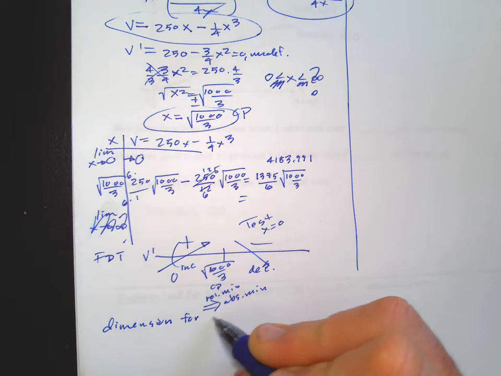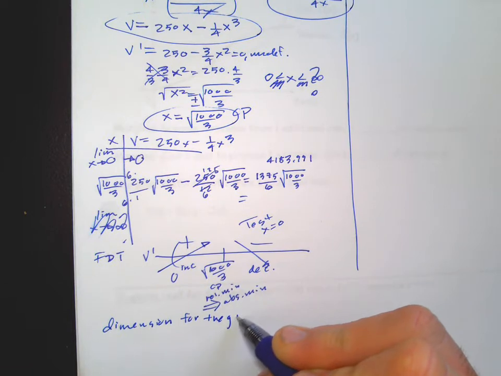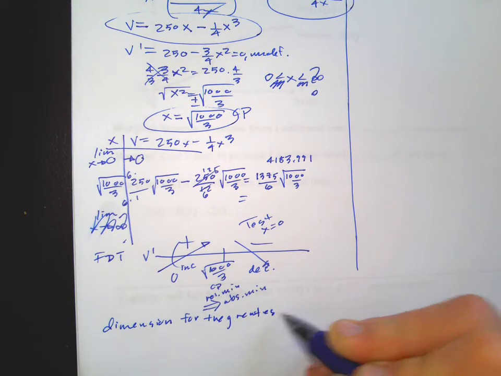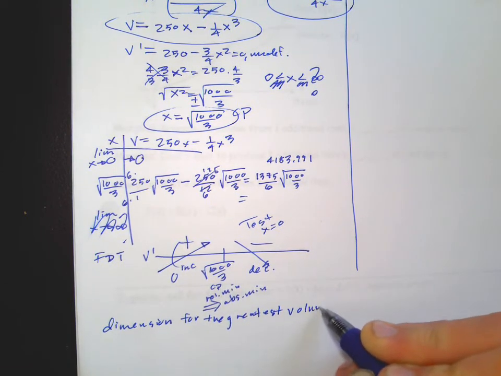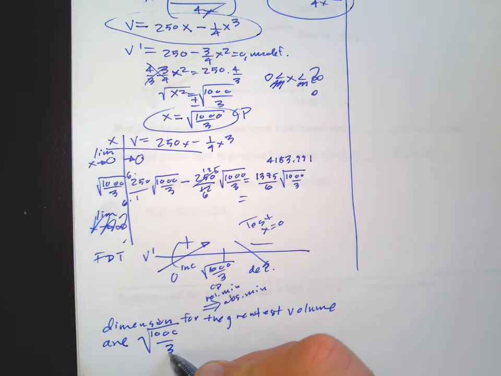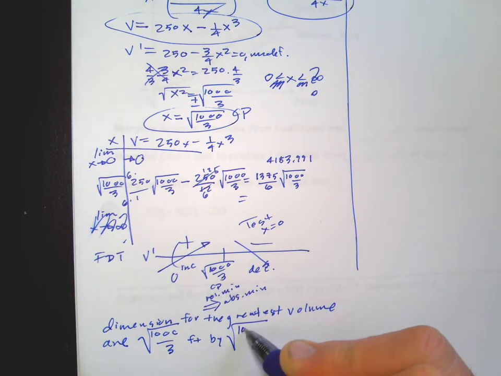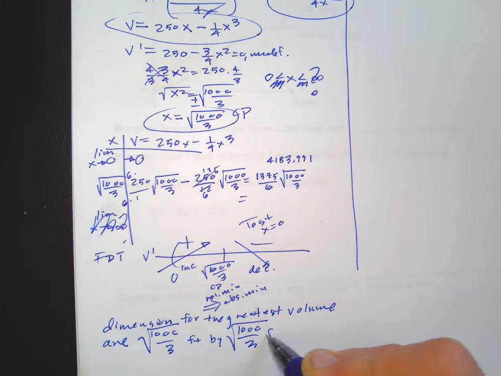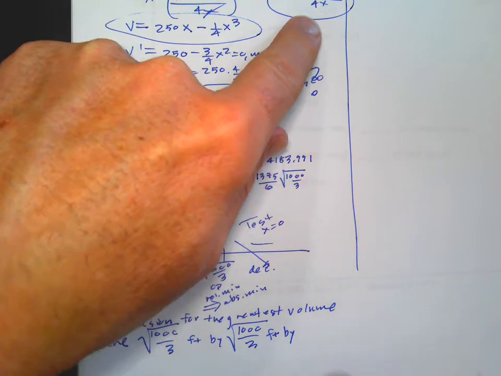But the dimensions for the greatest volume are square root of 1,000 thirds feet by square root of 1,000 thirds feet by, and then we have to plug this into the h expression up here.